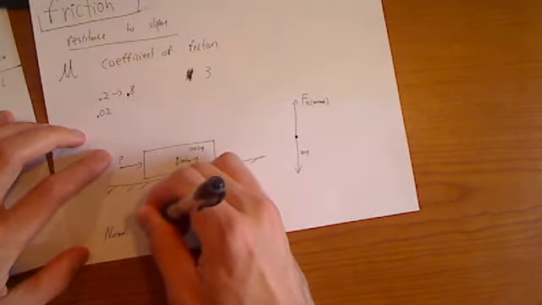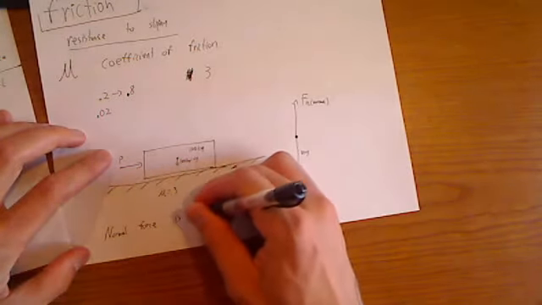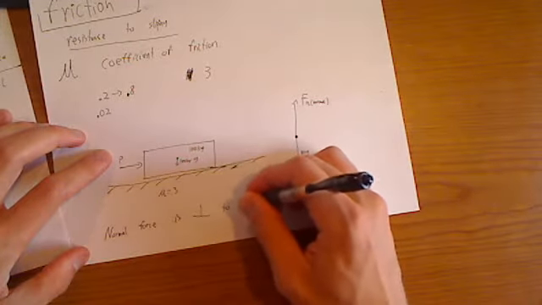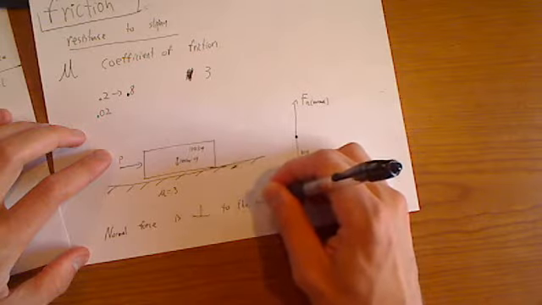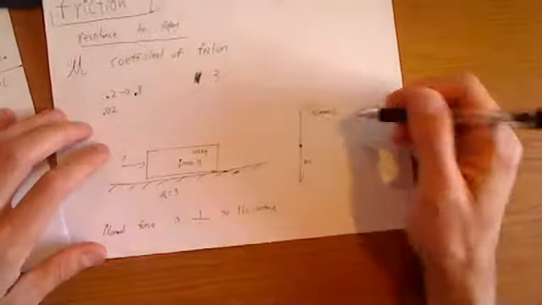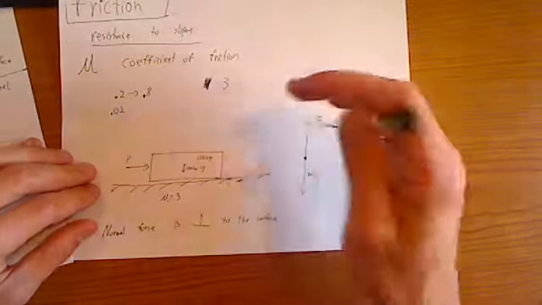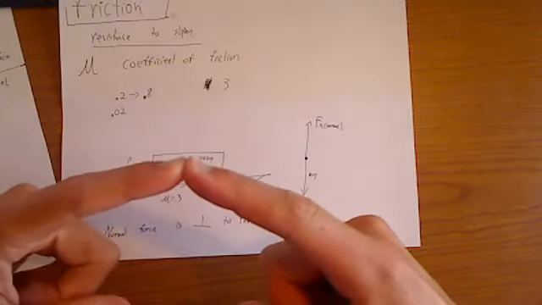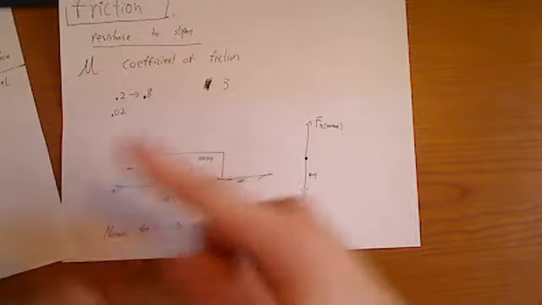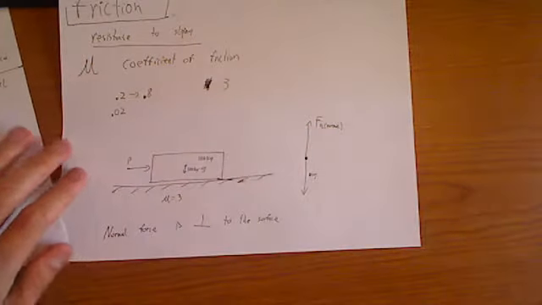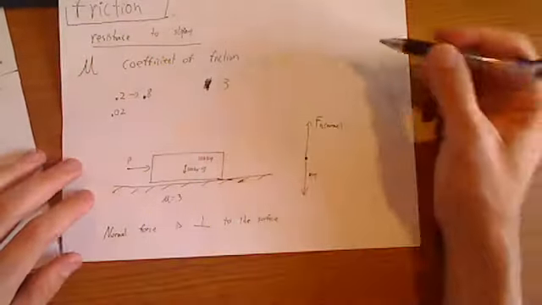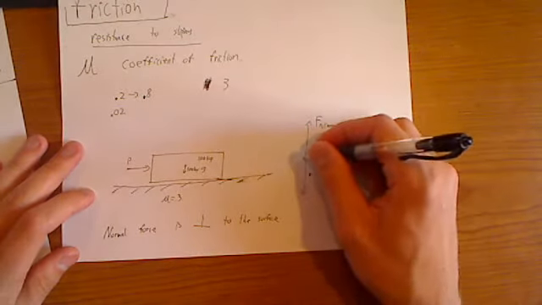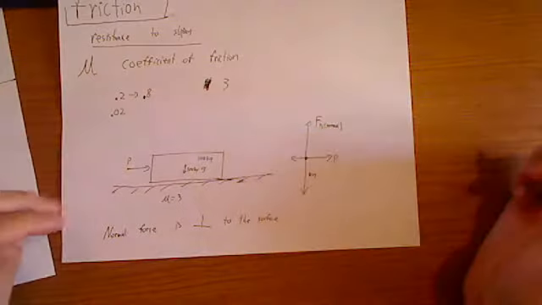Normal force is perpendicular, that's what that sign means, to the surface. This is the force that keeps matter from passing through other matter. So if you push on something, it's the normal force that keeps my fingers from magically passing through one another and overlapping in space. There's the pushing force, and there's the friction force, which always opposes you.